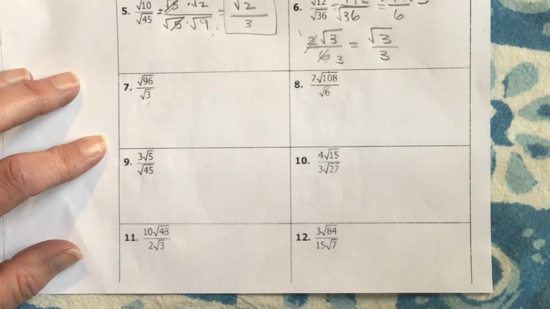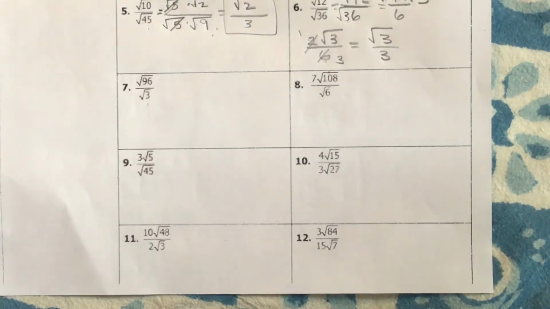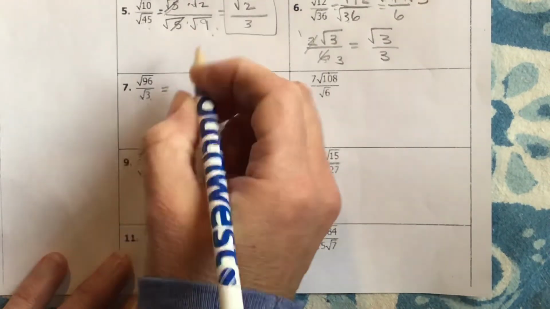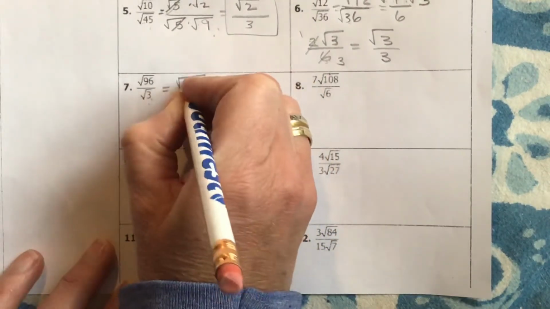Does 96 divided by 3, well, that equals 32. Actually, root 96 divided by root 3 equals root 32.